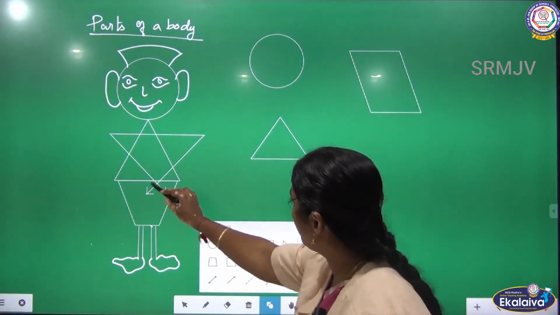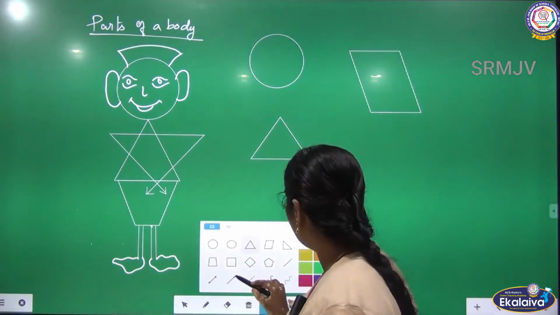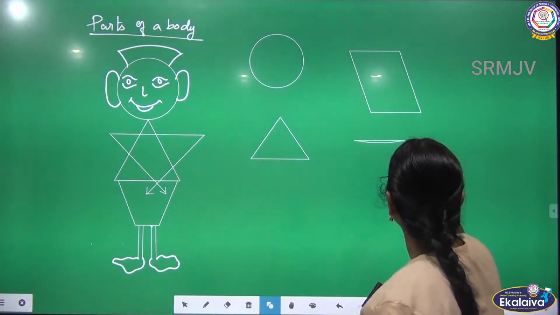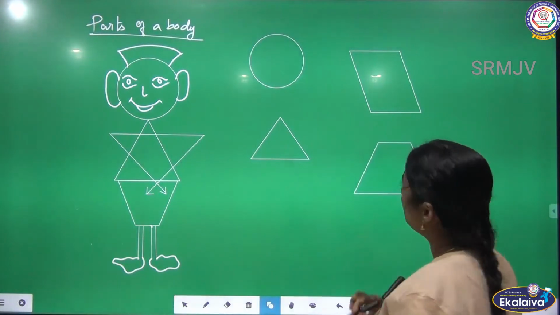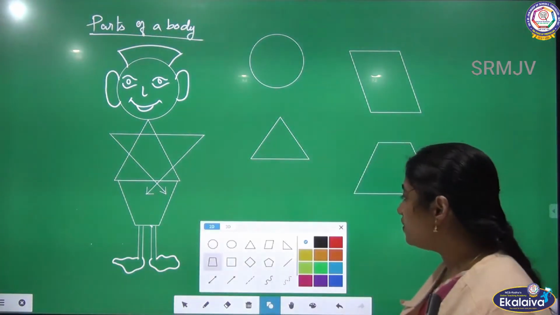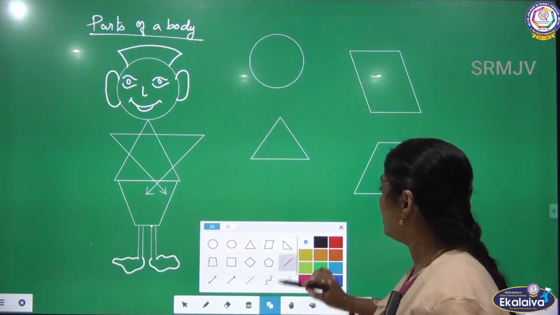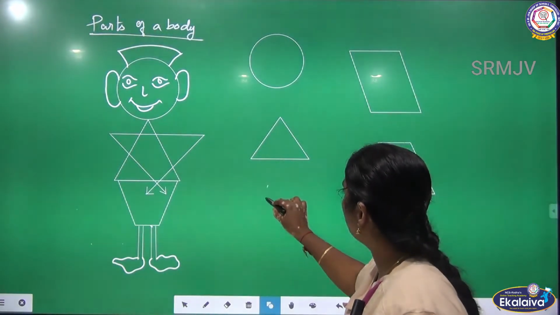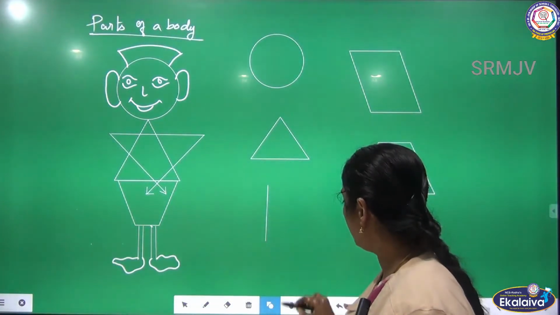See, this triangle is there, and polygon. This is plane. Now we are going to draw the polygon. Okay. Next, we are going to discuss the lines, which is what? Parallel lines. Okay. Now I am going to draw the parallel lines.